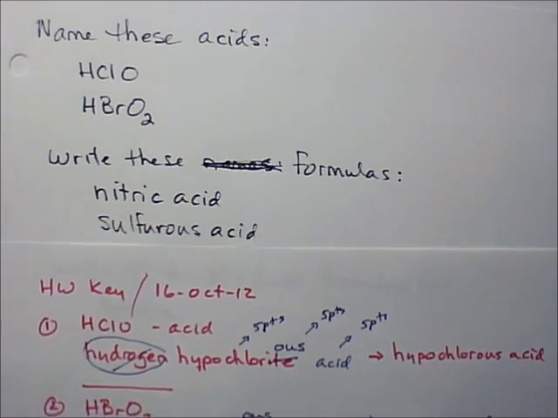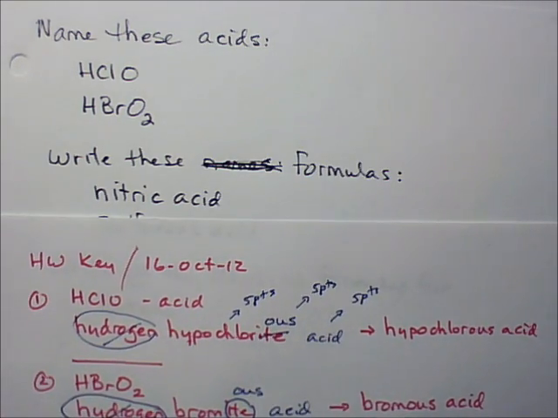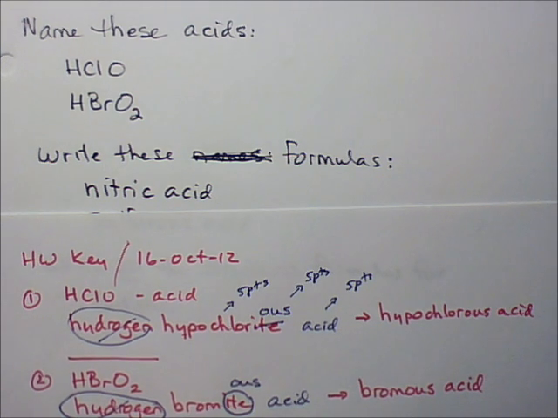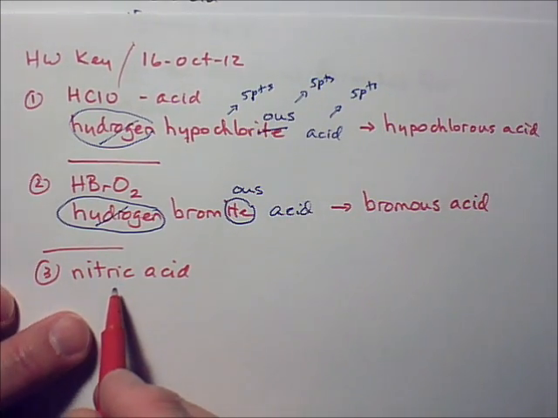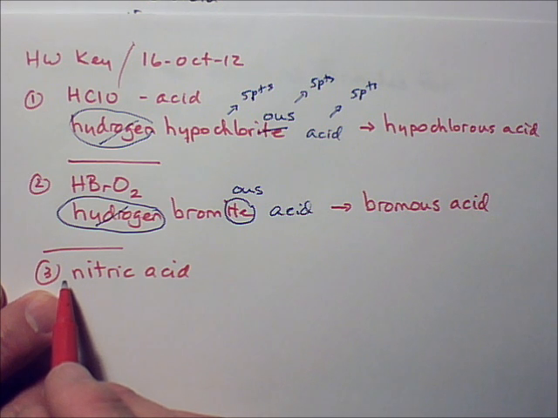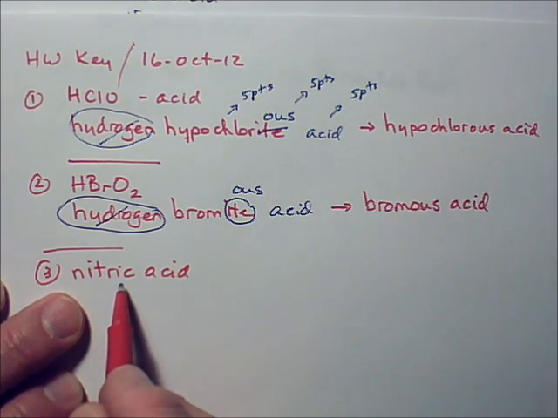The next question was to write these formulas. So we have nitric acid. If I have no hypo on the front, this must contain a polyatomic ion, or it's an oxyacid.